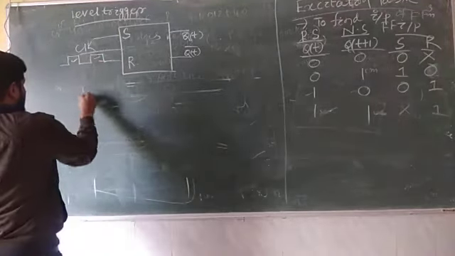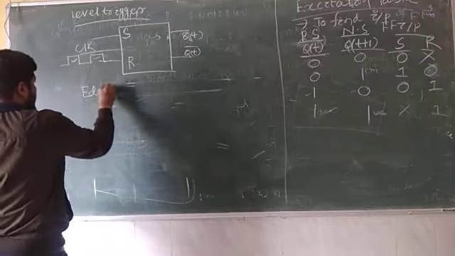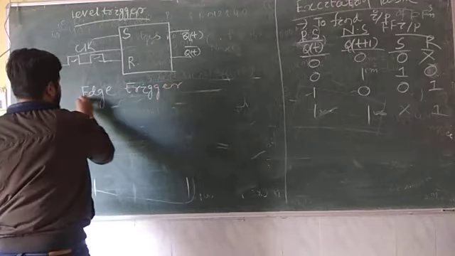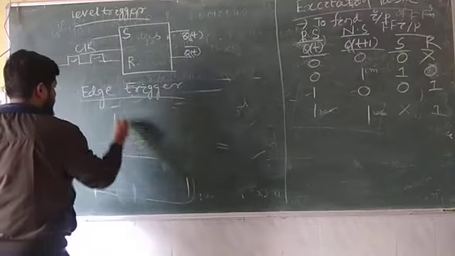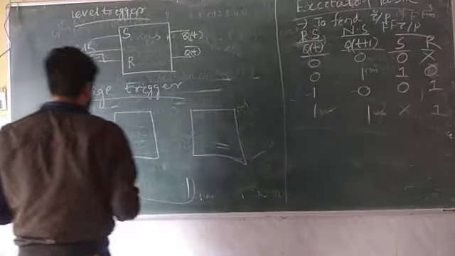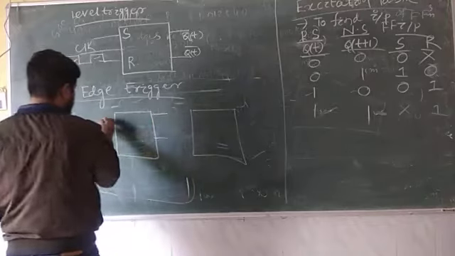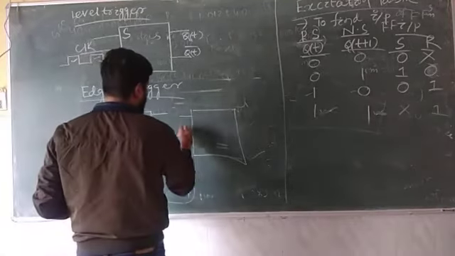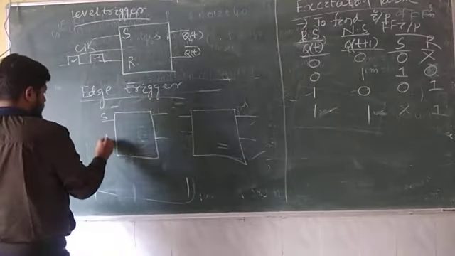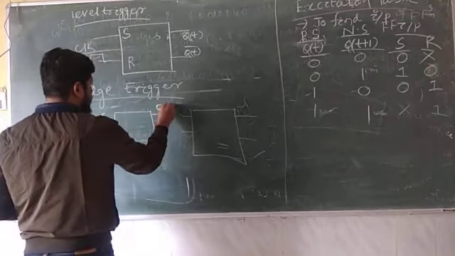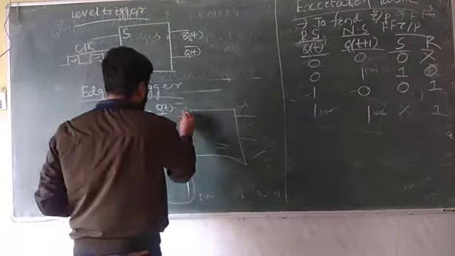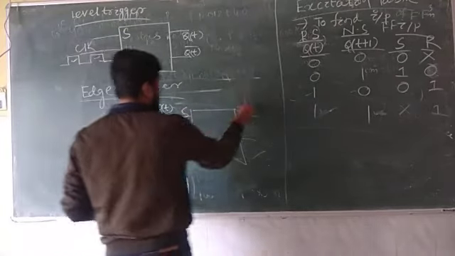Then we have edge trigger. How to represent an edge trigger flip-flop? I am now going to draw that: positive edge trigger and negative edge trigger. You have inputs S and R, outputs Qt and Qt bar.